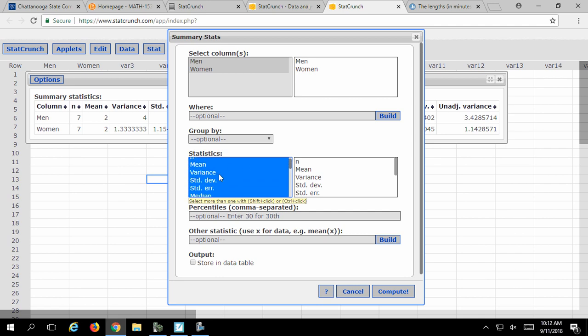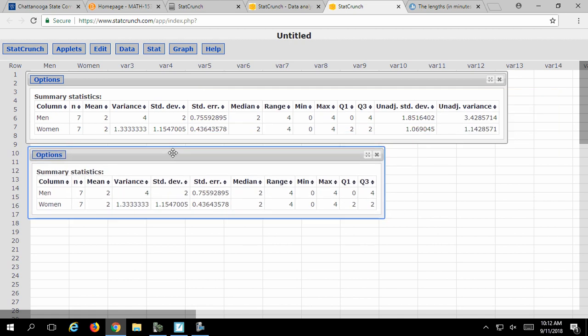And the standard deviation is one of those. The sample standard deviation is the default. And the variance it gives you is the sample variance. That's the default. You're usually dealing with sample data.